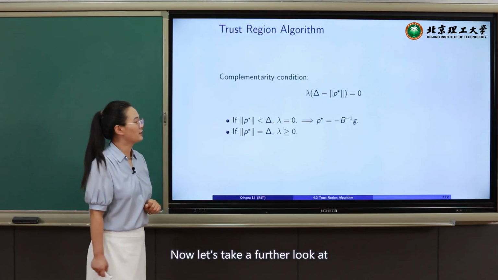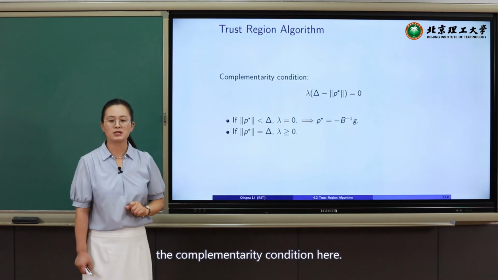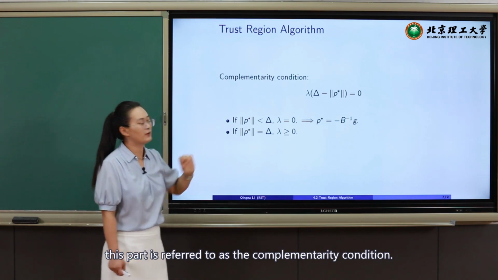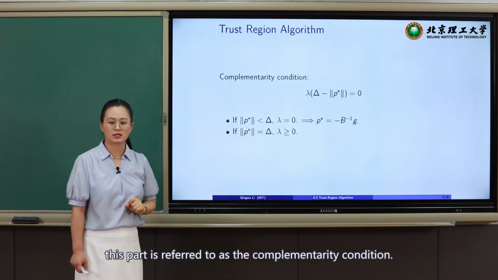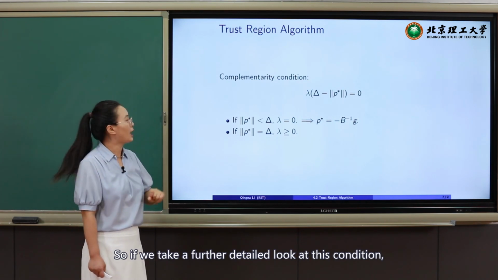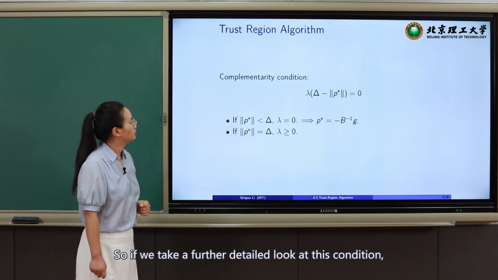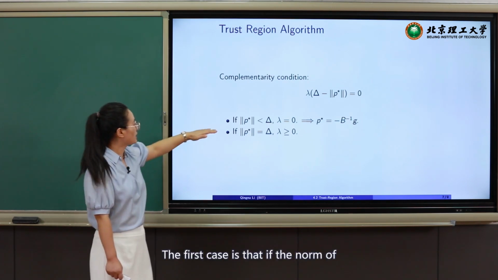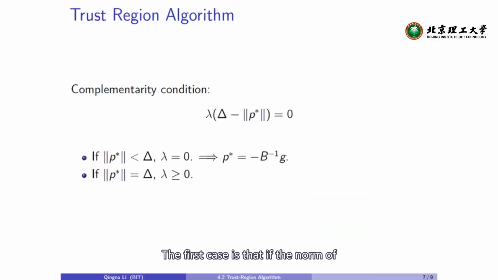Now, let's take a further look at the complementarity condition here. As we mentioned, this part is referred to as the complementarity condition. If we look at this condition in more detail, we discuss two cases. The first case is that the norm of p star is strictly smaller than the trust region radius. In other words, this part is non-zero.